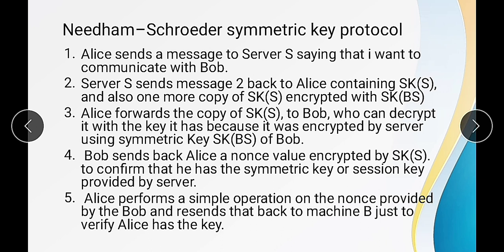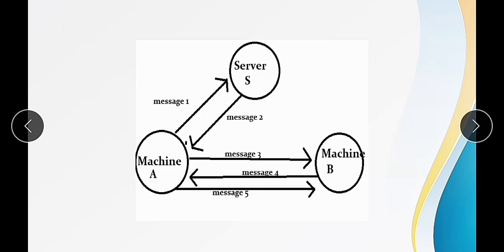So this is the Needham Schroeder symmetric key protocol. The same diagram we can use to understand this one. First, Alice, that is machine A, sends a request to the server that he wants to communicate with Bob, that is machine B. The server sends him a secret key and also a copy of the secret key to send to Bob.